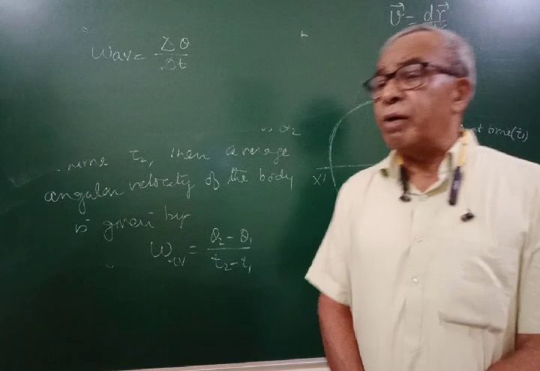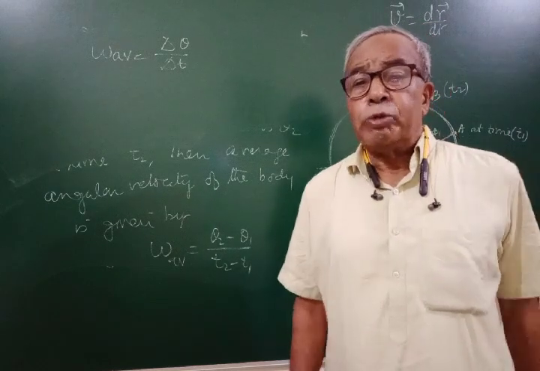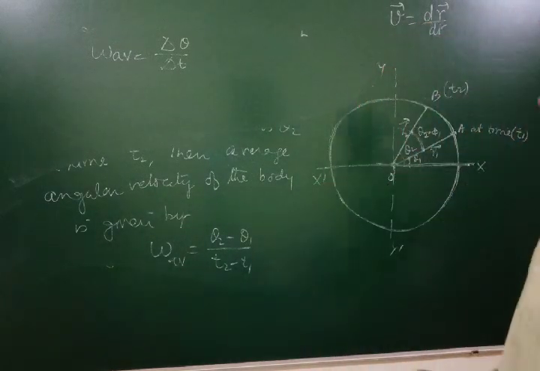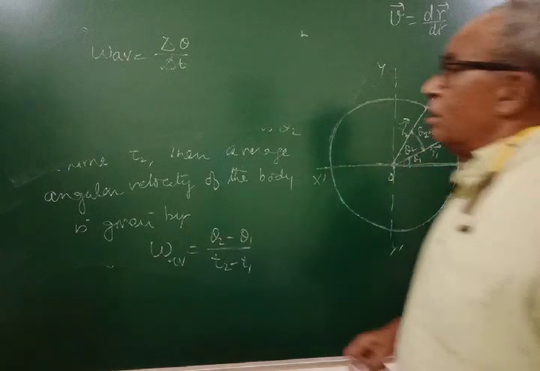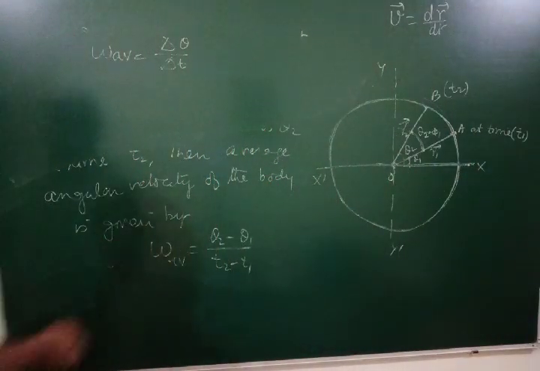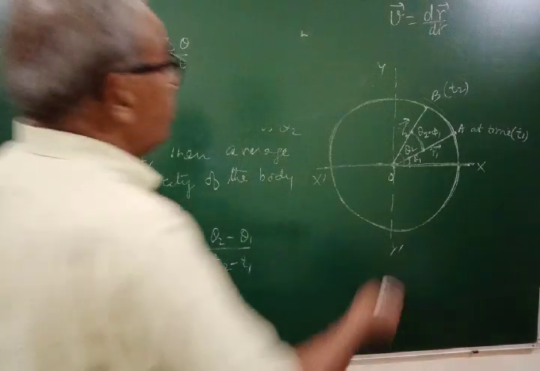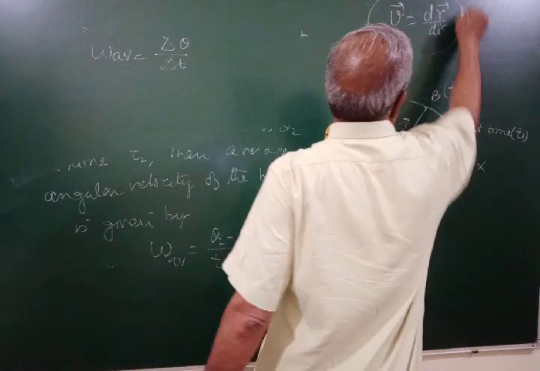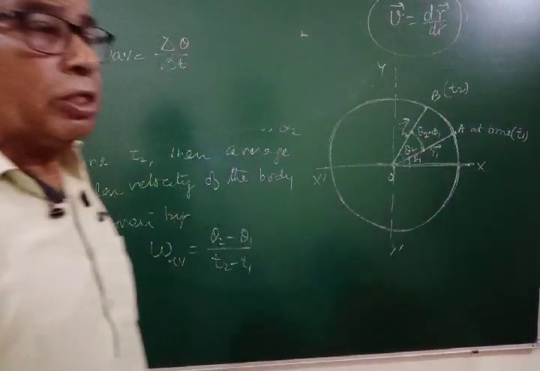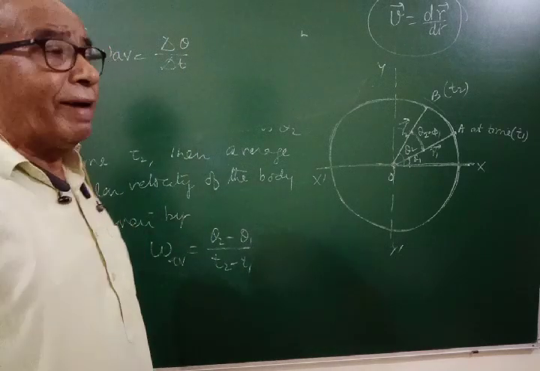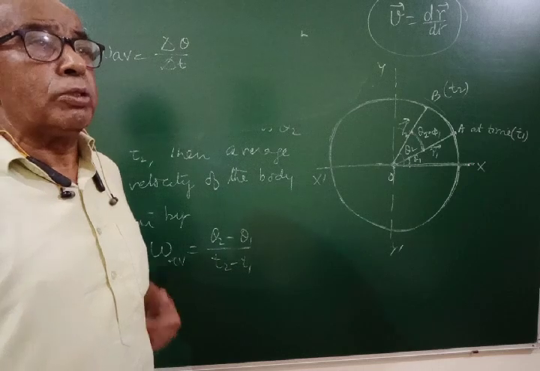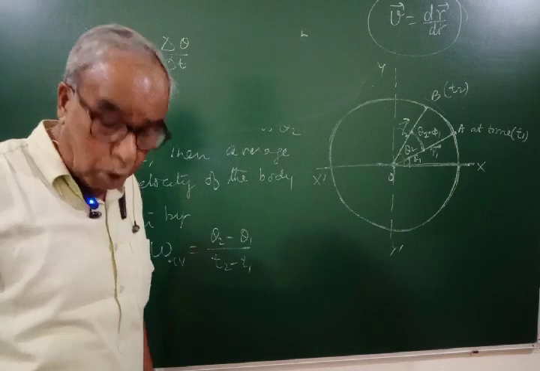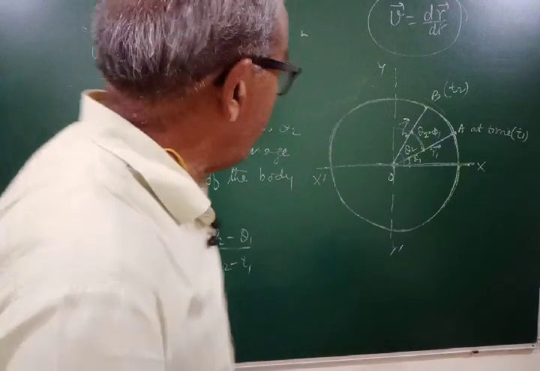Do something extra which the students need. That's why I am trying my best to explain the facts. Otherwise in class, people say omega is delta theta upon delta t and finish. Even I have noticed the definition of linear velocity is not properly given in the classroom. They say speed in a particular direction is velocity. No, that is totally absolutely wrong.